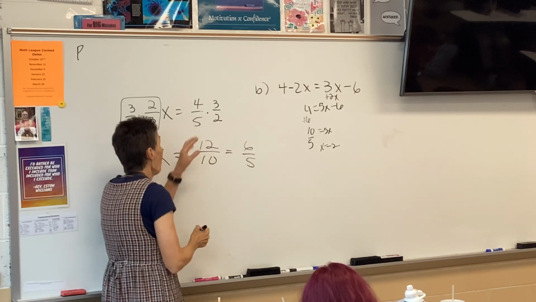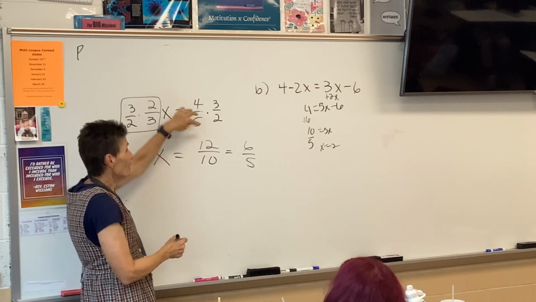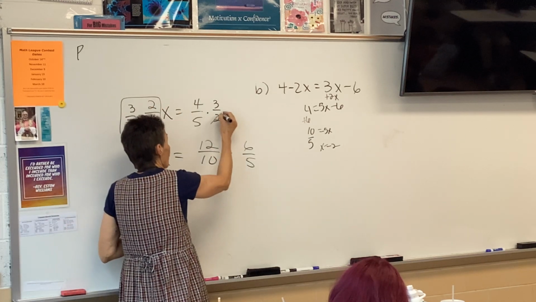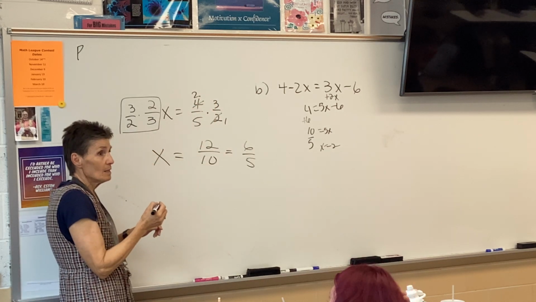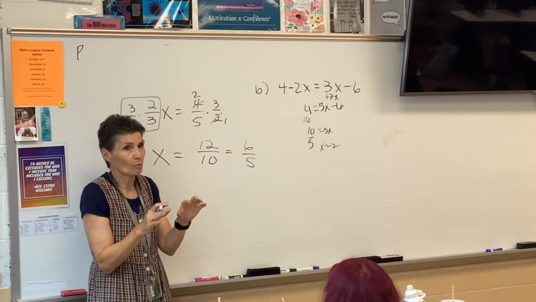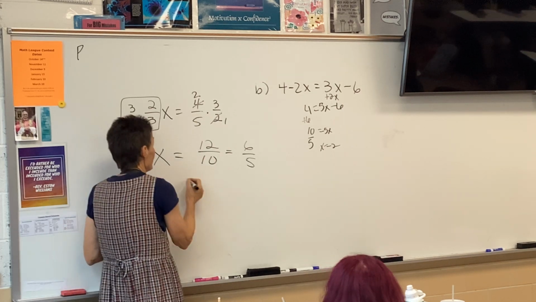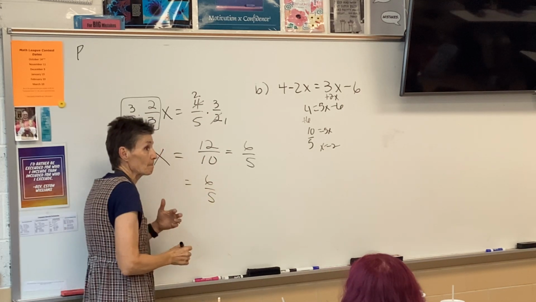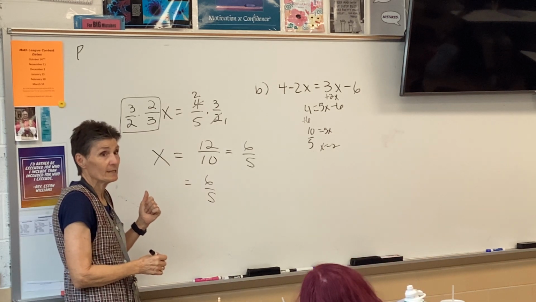Or you could look at your original one and cross cancel. Have you ever done that before? If it confuses you, don't do it. But if you know how to do it, you end up with 6 over 5. Very nicely done.